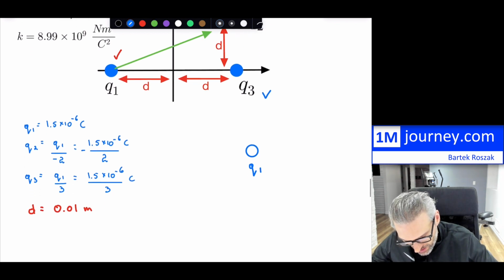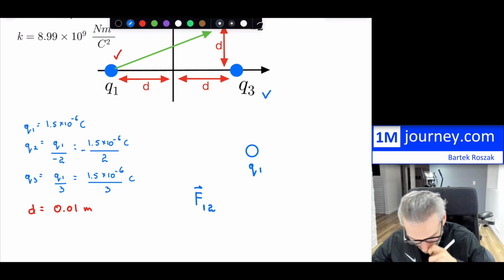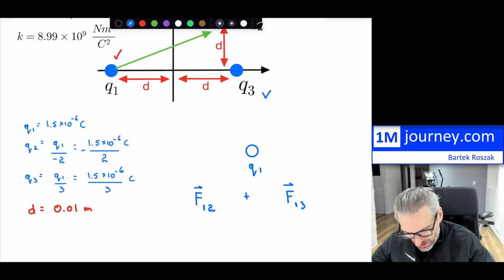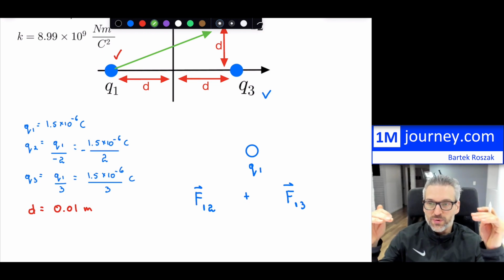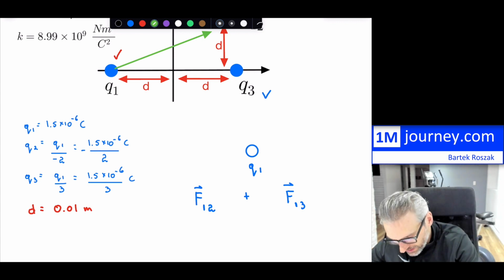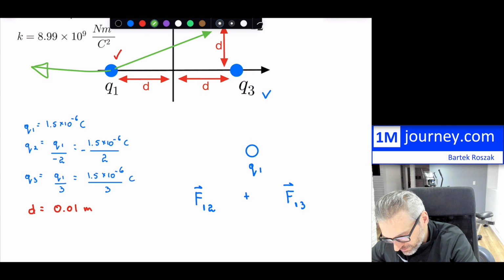So here we're going to have a force on Q1 with respect to Q2, plus a force on Q1 with respect to Q3. Now, Q1 and Q3 are both positive, so they're going to repel each other. So that means this force is going to get pushed away.